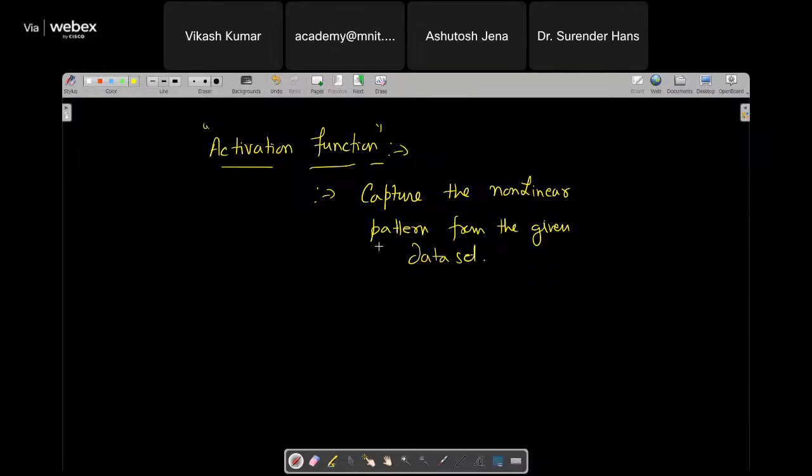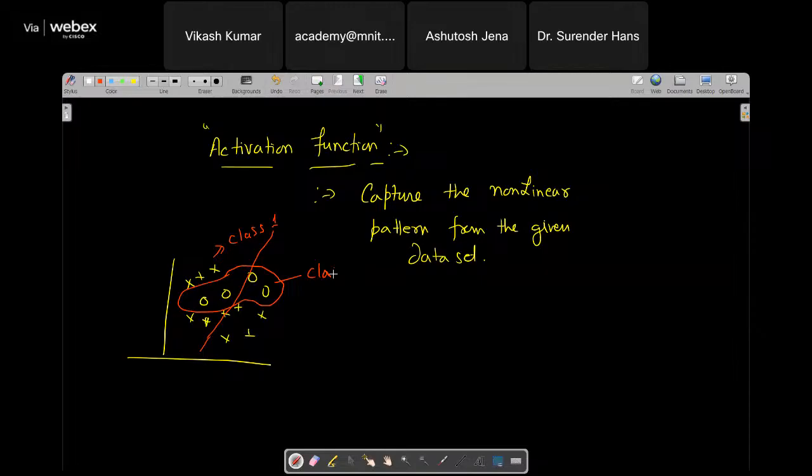And with use of the activation function, the crosses belong to class 1 and the circles belong to class 0. This one is after the use of the activation function, and this one is without the use of the activation function.